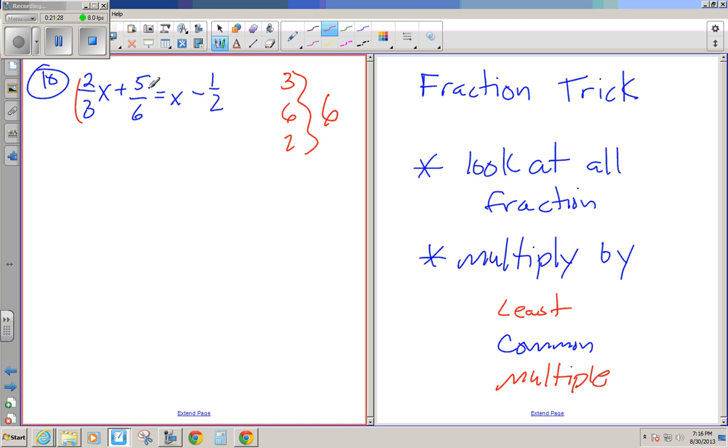So if I multiply every single piece of information in here by 6, 6 times 1/2. Well, let's go to the first one. 6 times 2/3. Well, the 6 and the 3 reduce, and it becomes 4x. The 6 and the 6 reduce, and it becomes plus 5.